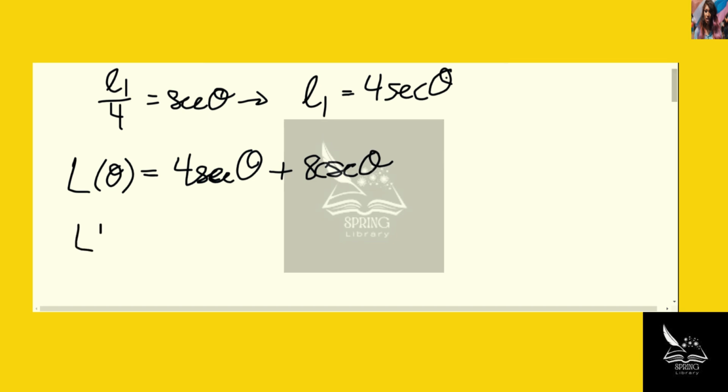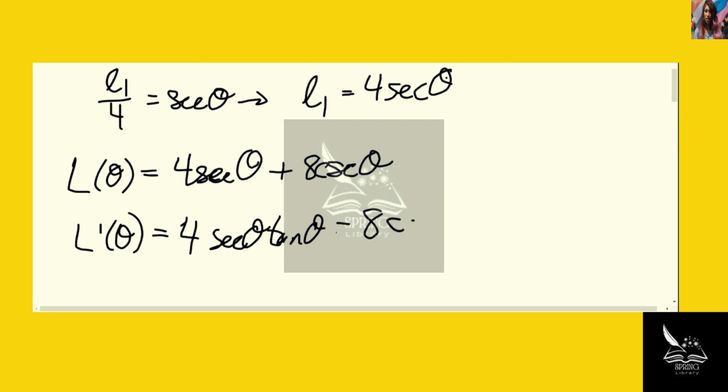So we have L prime of theta. This is 4 times the derivative of secant theta, which is secant theta tangent theta, plus 8 times the derivative of cosecant theta, which is negative cosecant theta cotangent theta. So minus 8 cosecant theta cotangent theta.